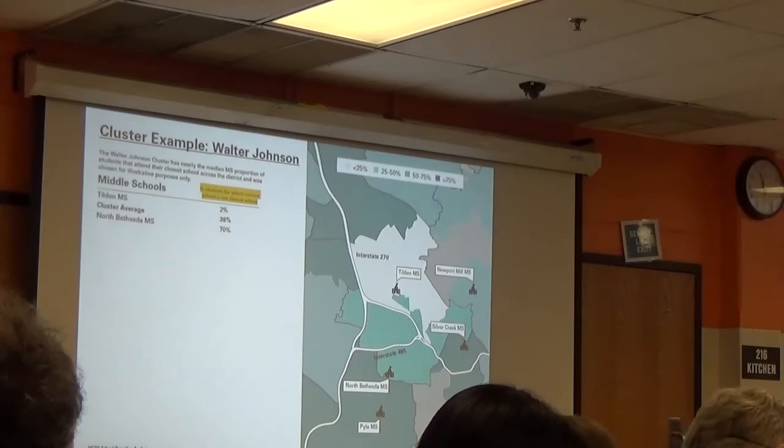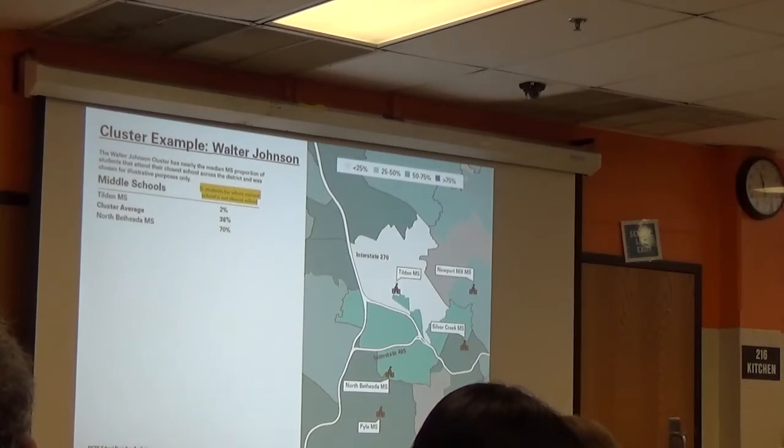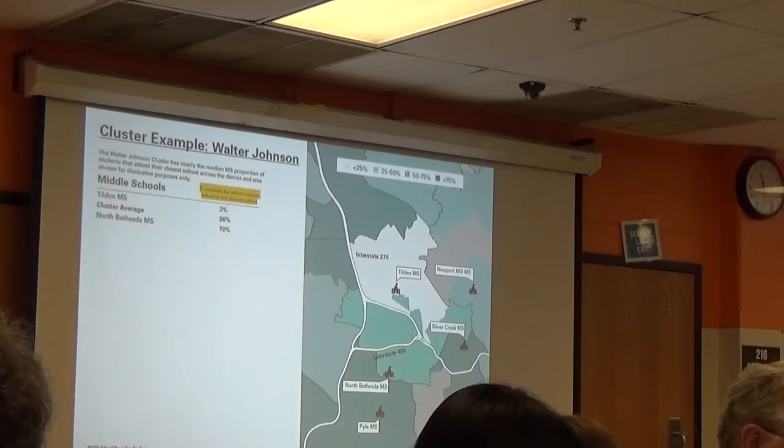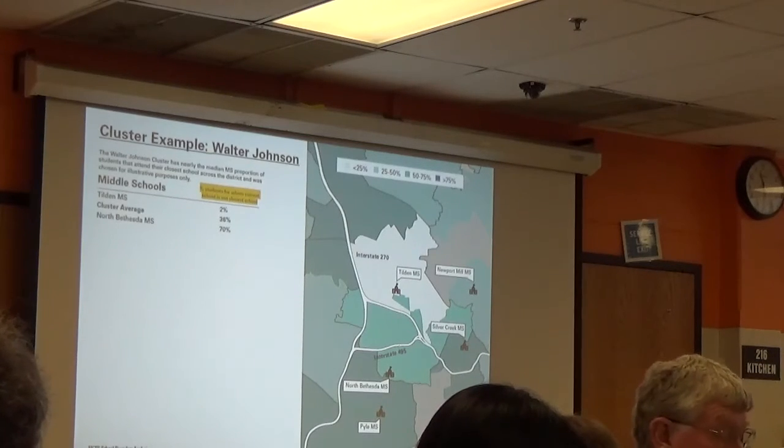And so here, once again, we've taken a sample cluster. This is not a cluster that we're paying particular focused attention on. We're looking comprehensively across the district. And you get a sense immediately that there is a real range of how many students are not closest to their nearest schools.